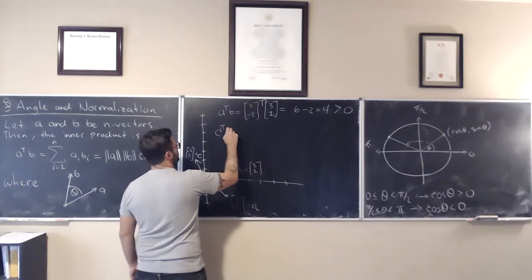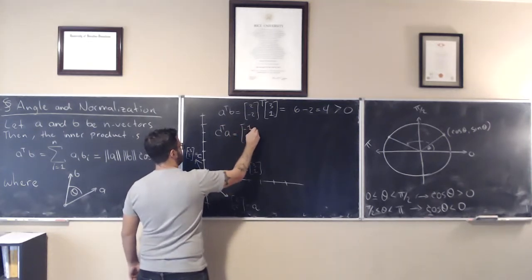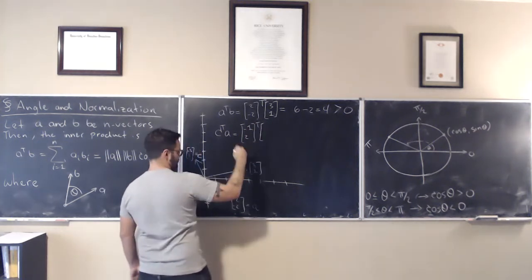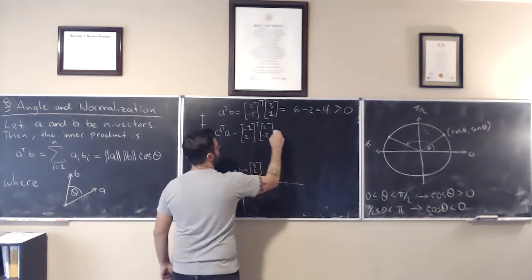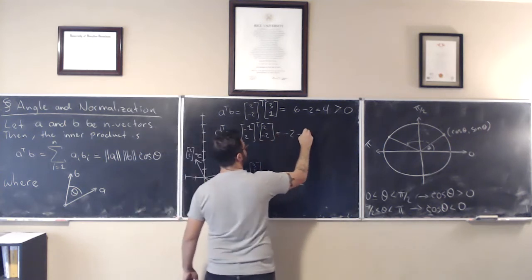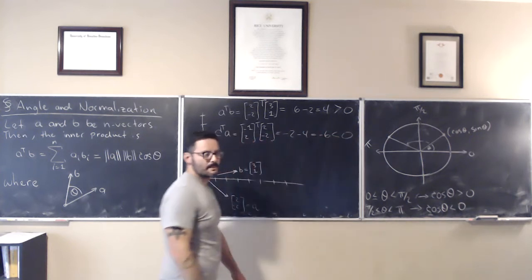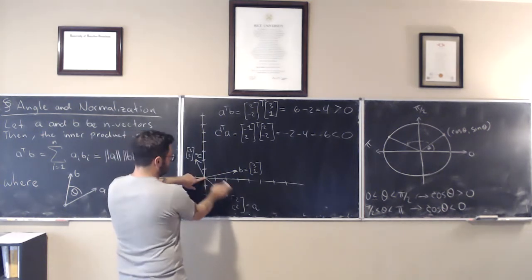So C times A, so that's -1, 2, times 2, -2. This will be -2 minus 4 equals -6, which is indeed less than 0. So we see that angle, the shortest angle between A and C.